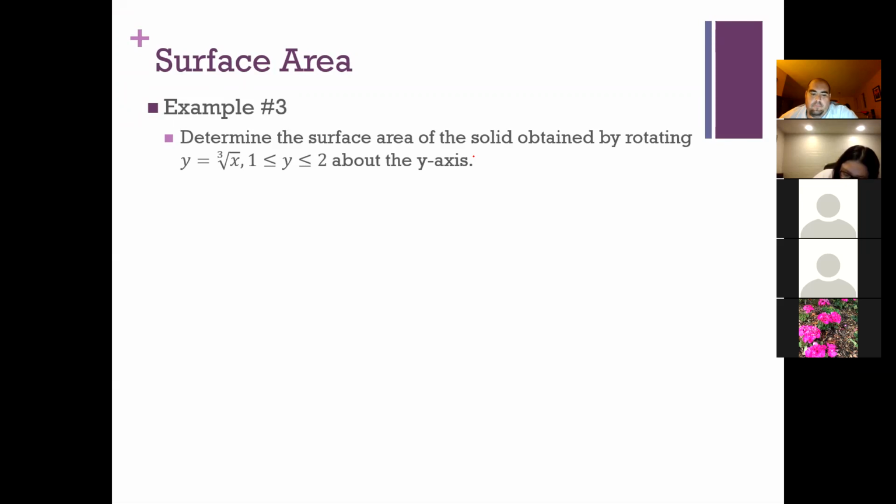Drawing the function. Sorry, what was that, Colin? Drawing the function. So we're looking at the cube root of x, and we only care about from y equals 1 to y equals 2.